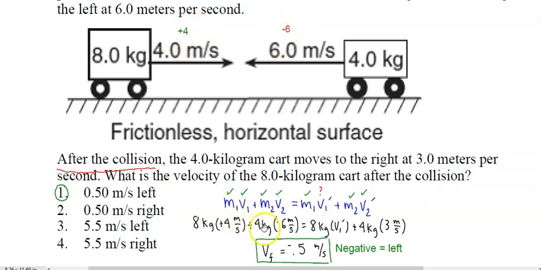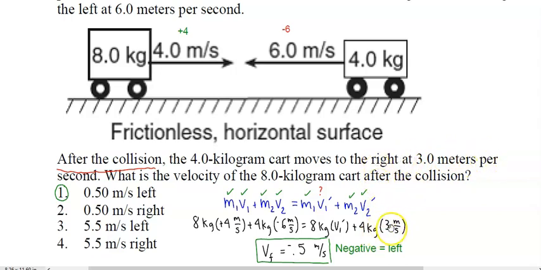So the m1 and the m2 on both sides of this equation are the same numbers, 8 kilograms and 4 kilograms. And the velocity before is positive 4 meters per second and negative 6 meters per second. Then when you read the problem, you see the velocity after the collision for the v2, the 4 kilogram mass, bounces off at 3 meters per second and moves to the right.